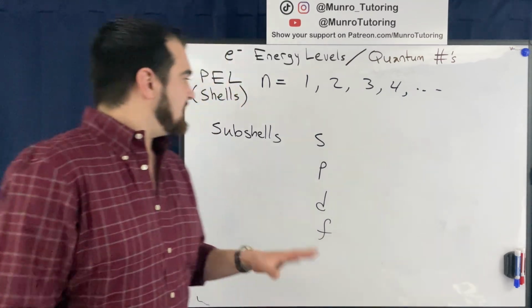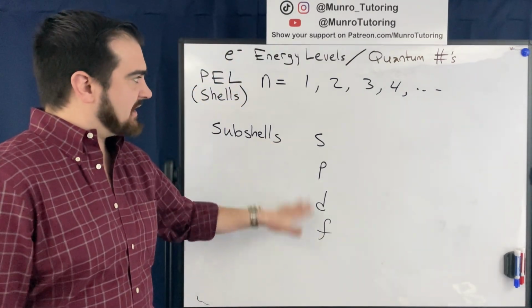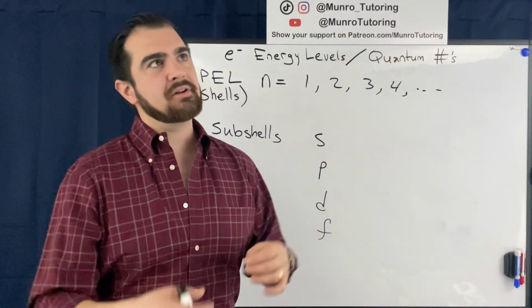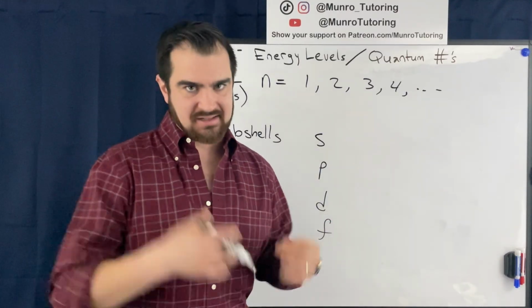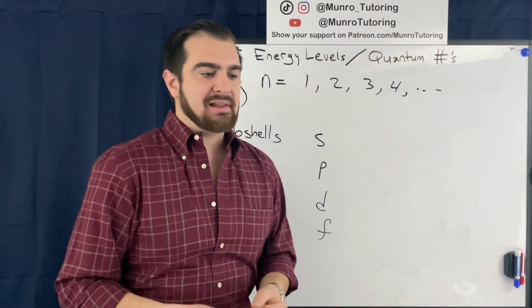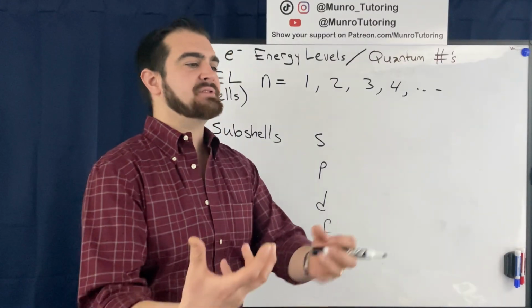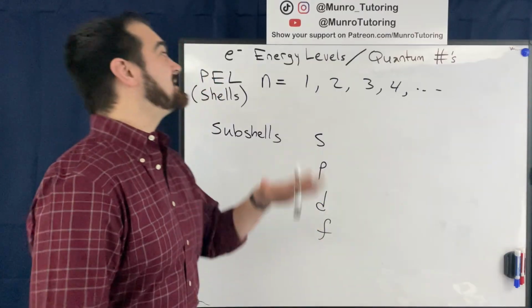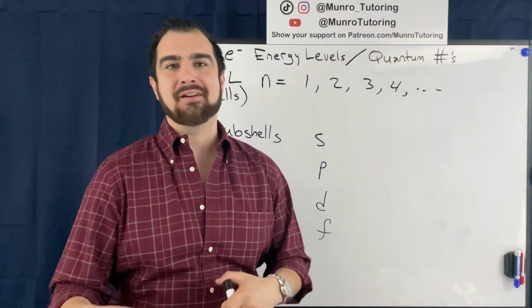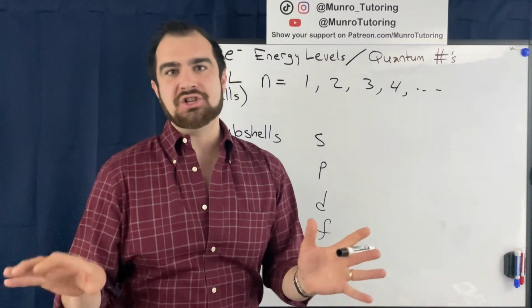Before I get to that, I'm going to introduce the next thing, which is orbitals. Orbitals are where the electrons actually exist. A particular orbital in a particular subshell, in a particular energy level, has a shape and a size, and we can have a mathematical equation that defines that.